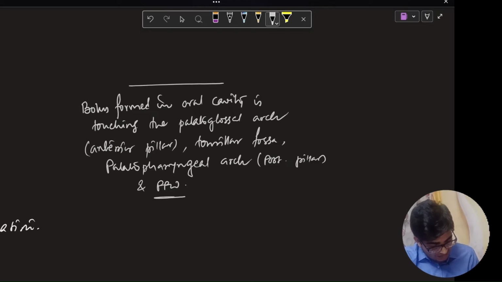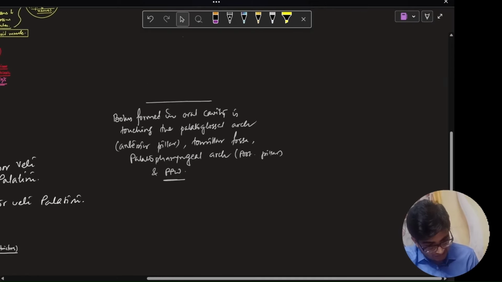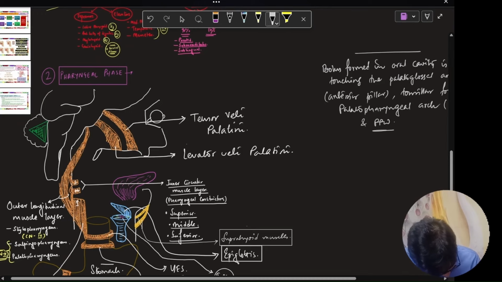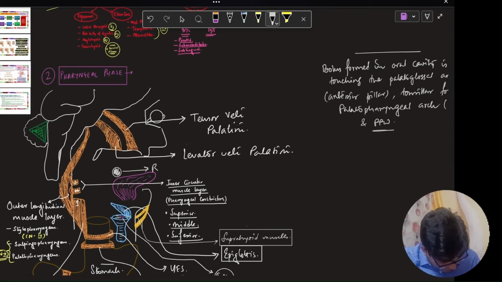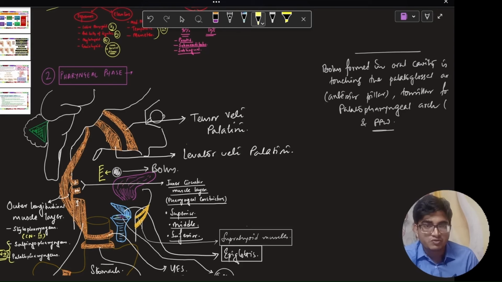So what happens? This is your bolus, correct? This bolus will now be touching the area of the tonsillar fossa, posterior pharyngeal wall, the anterior pillar and the posterior pillar, and these various sites are supplied by the glossopharyngeal nerve.